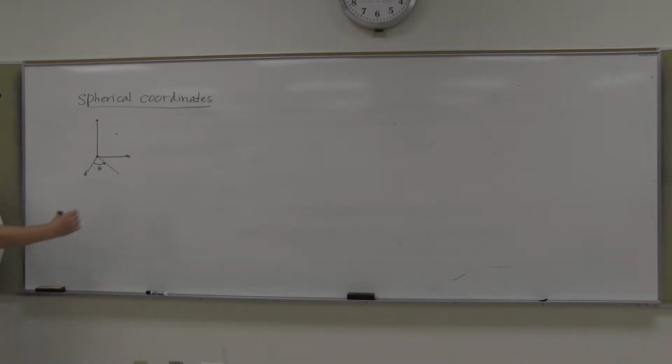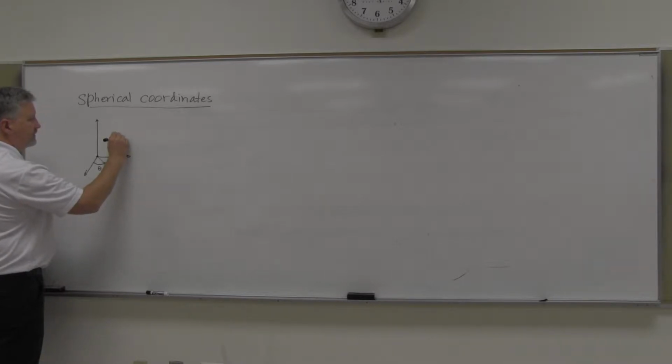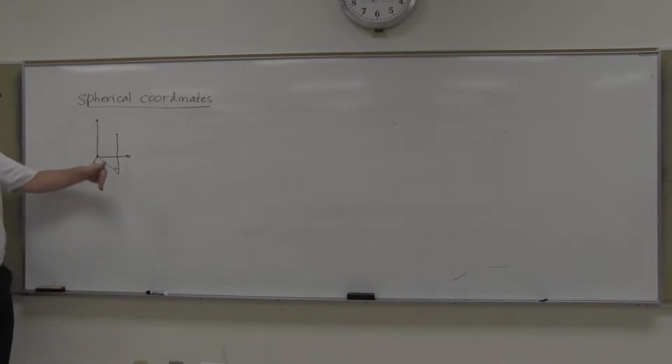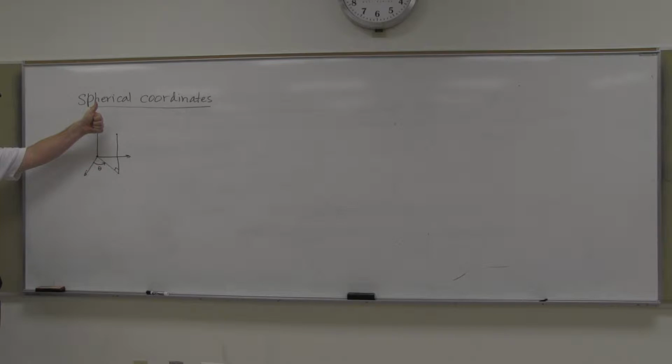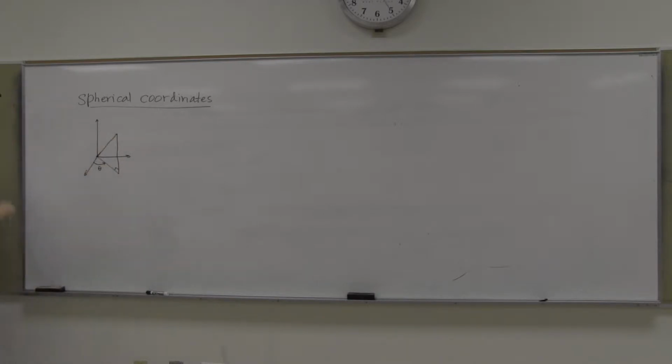Okay? Now, this point's coming out of the board, this value. So then I go straight up from that, okay? So theta's part of it. Here's what the other parts are. If you go from the origin directly to my point, so just go straight to the point.